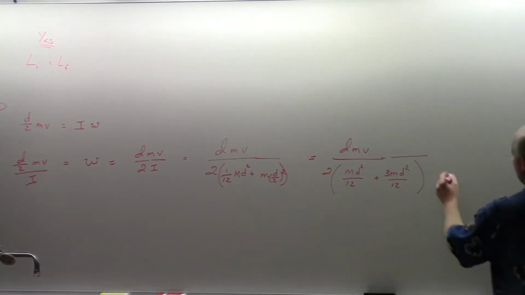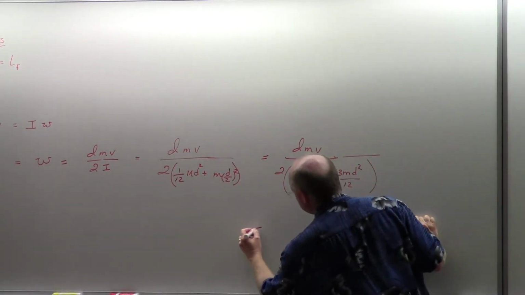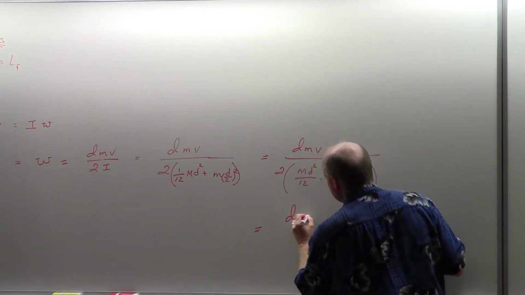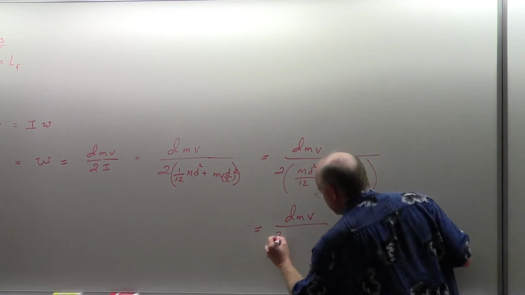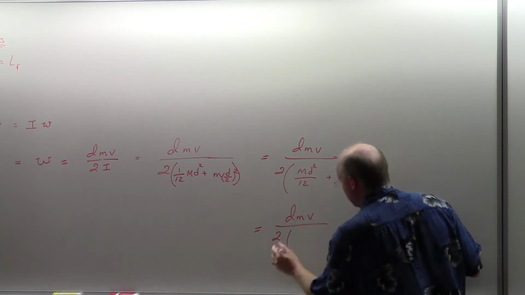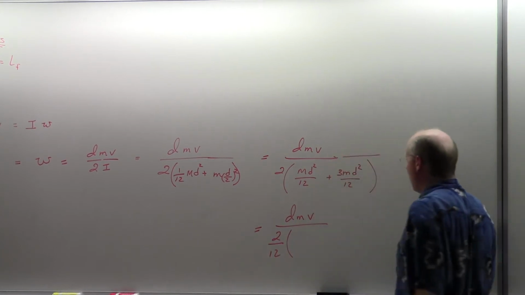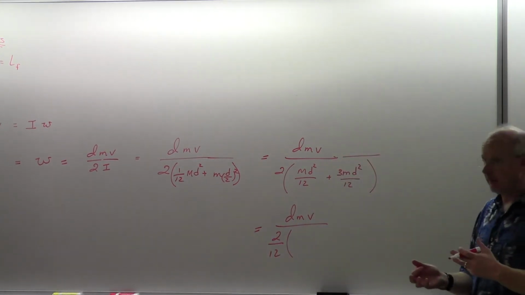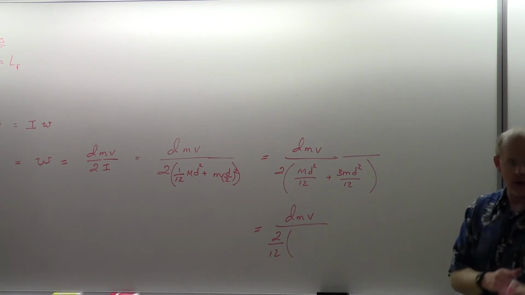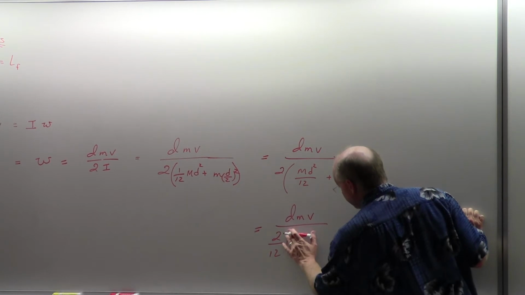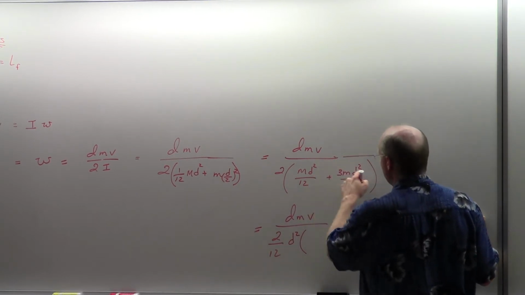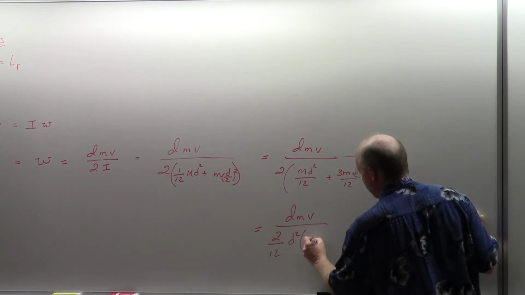And of course now I can begin to factor a few things. Here's a d, here's an M, here's a v. I'll leave the 2 alone for just a second, but making the 12, in this case I'll just bring out the 12 first. But there's also a d squared. So a d squared and a 1/12 are there.